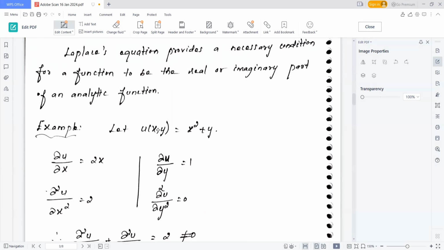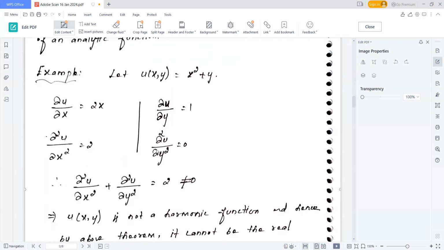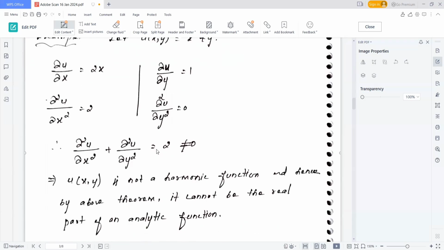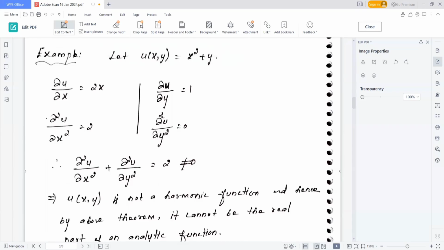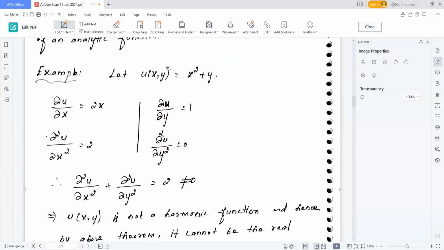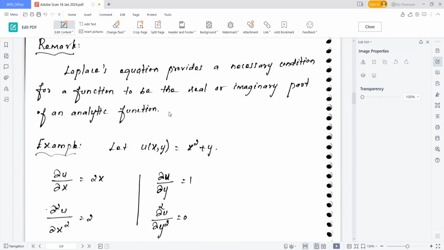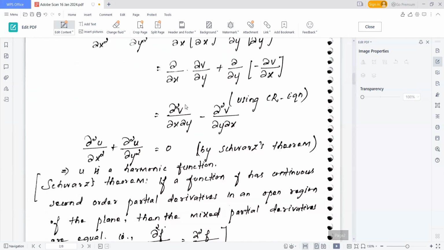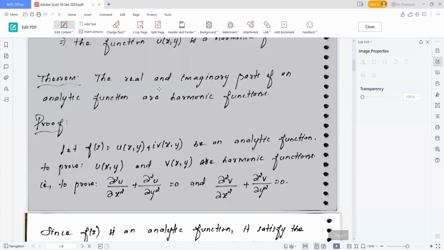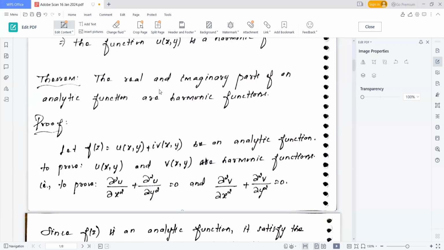We can check whether this function will be the real part of an analytic function, or whether the function v of x comma y can be an imaginary part of an analytic function. If it is an analytic function, then the real part and imaginary part are harmonic functions.